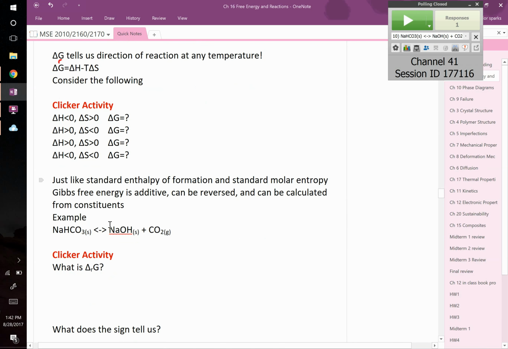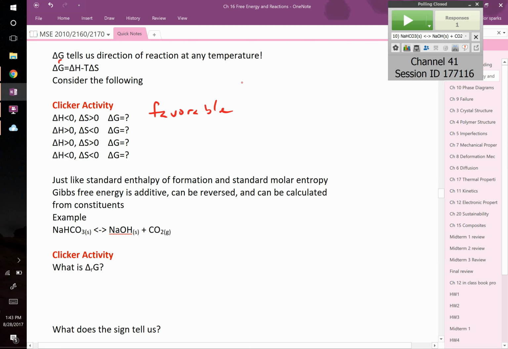But if the change in enthalpy is less than 0, is that favorable or unfavorable? If it's less than 0, that means it's a negative number, so you're actually exothermic. So that's favorable, right? So if delta H is less than 0, that's a good thing. And then delta S is greater than 0, so the entropy increases. Is our reaction favorable? Definitely favorable.